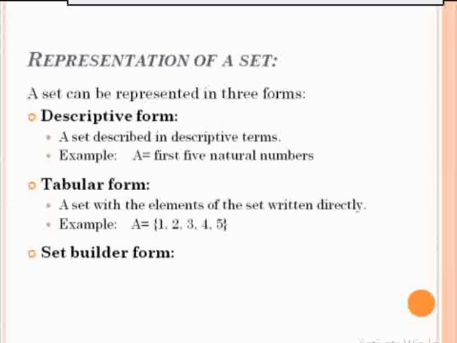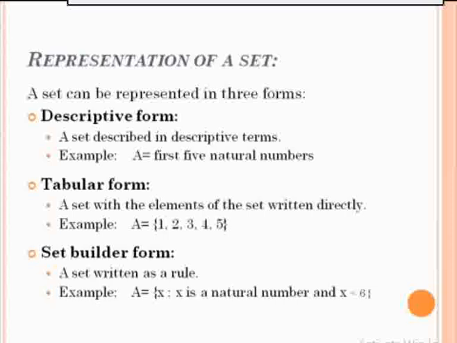Next form is set builder form. In set builder form, a set will be written as a rule. We will consider any variable, then we will give the condition for that variable. For example, set A is equal to {X : X is a natural number and X < 6}. We consider elements as X such that; these two dots we will read as such that.